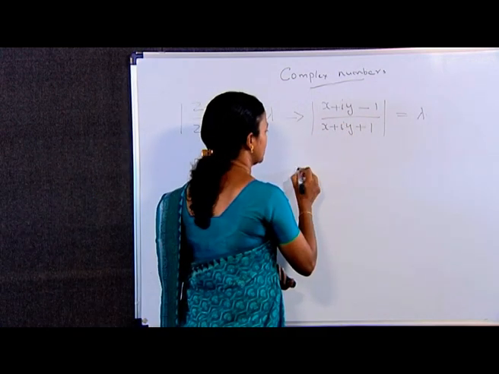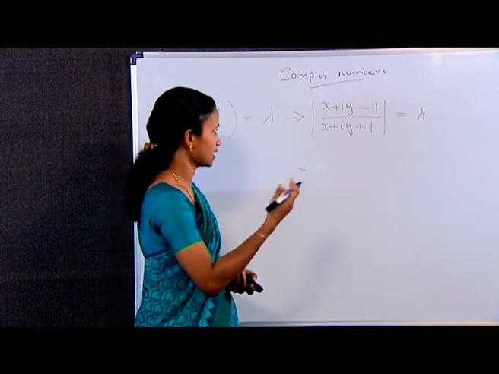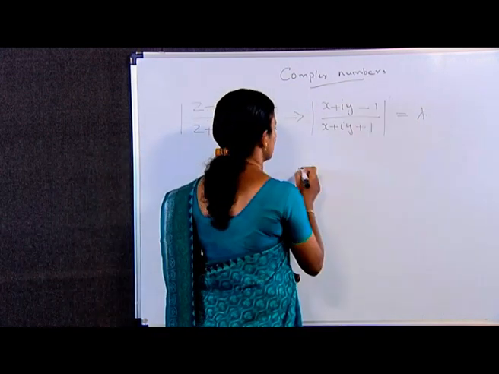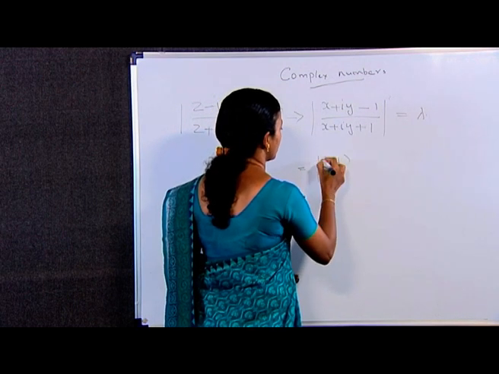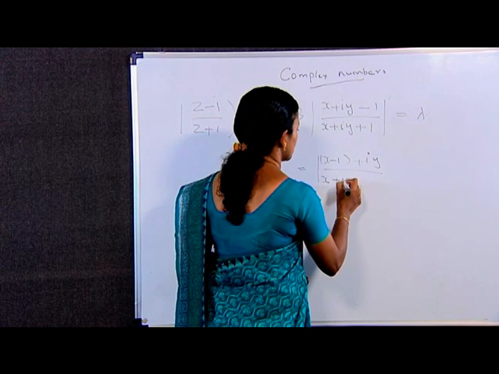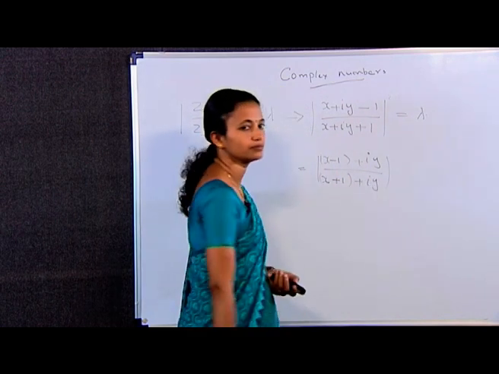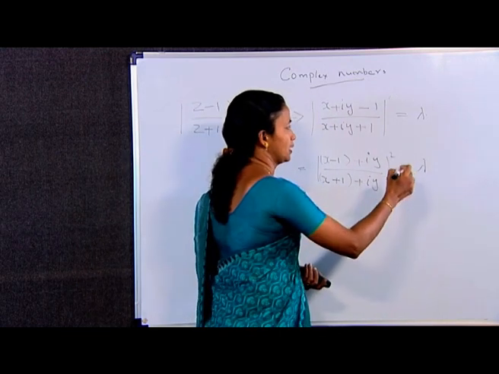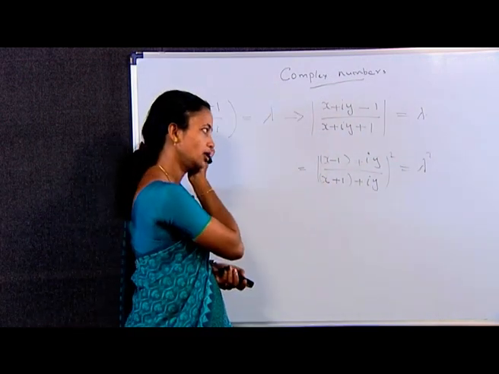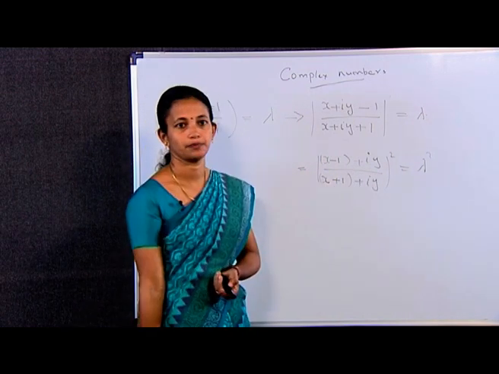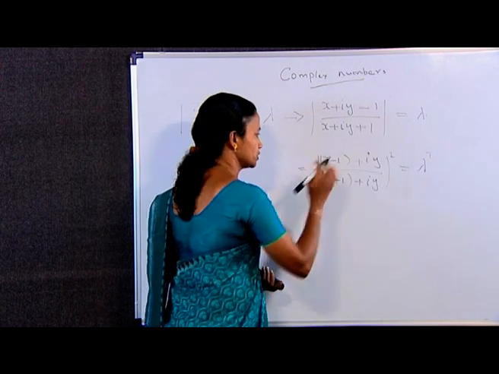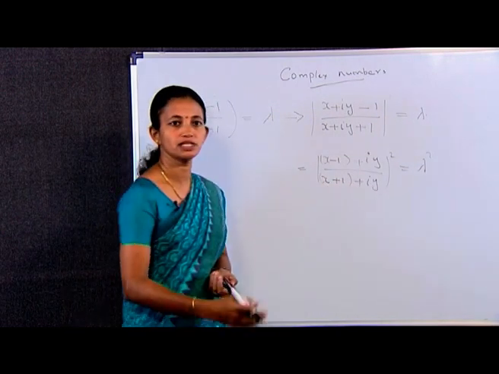Now combining real parts, this is modulus of x minus 1 plus iy by x plus 1 plus iy, and we square both sides, so it is equal to lambda square.